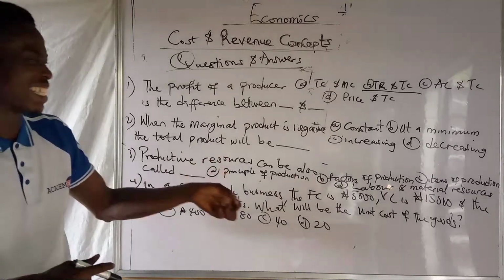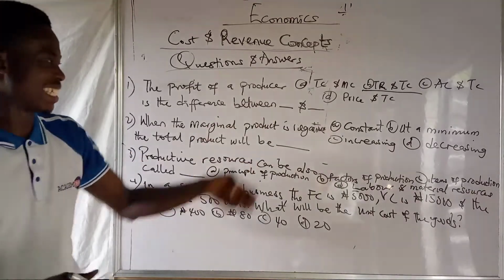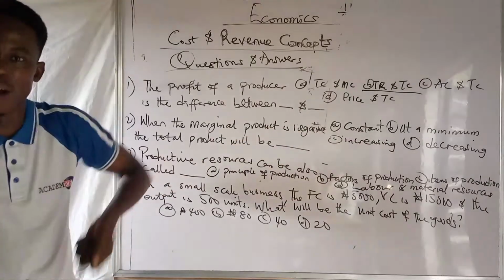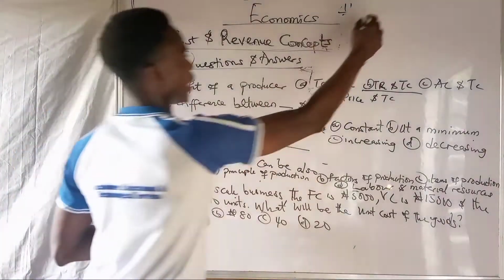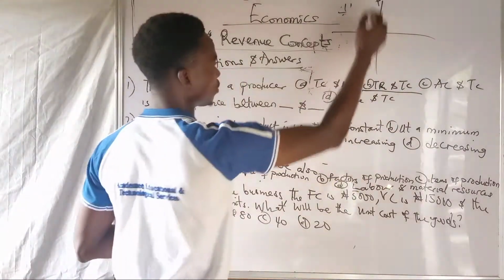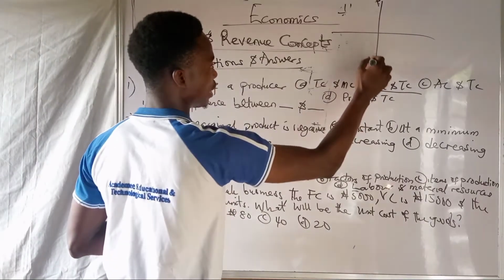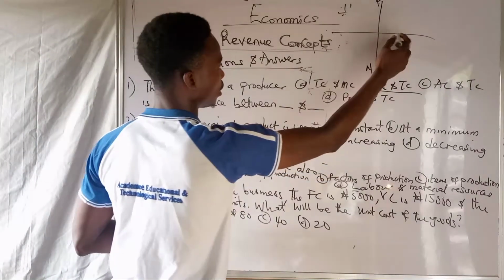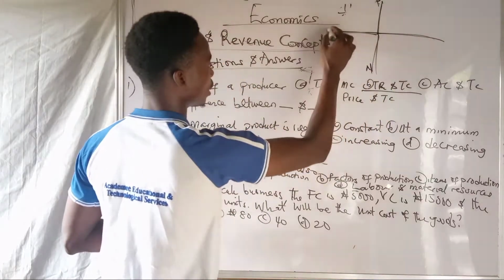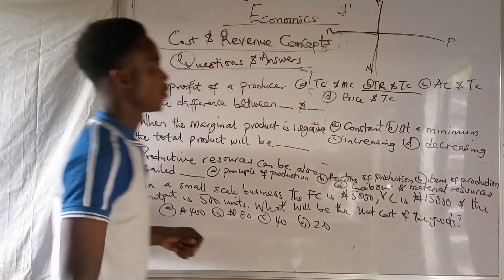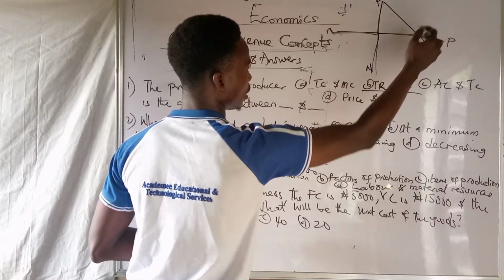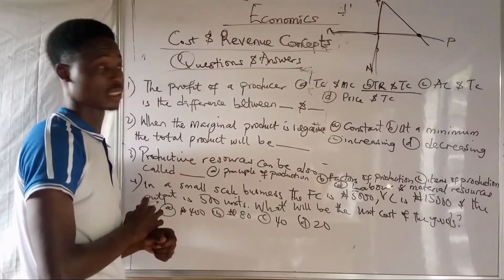Once it has reached a stage where the marginal product is going downward, then when you have a graph like this, you have the positive and the negative. Here it goes this way, here it goes this way. So this is negative, this is positive. By the time the line goes below this, it tends towards the negative point.